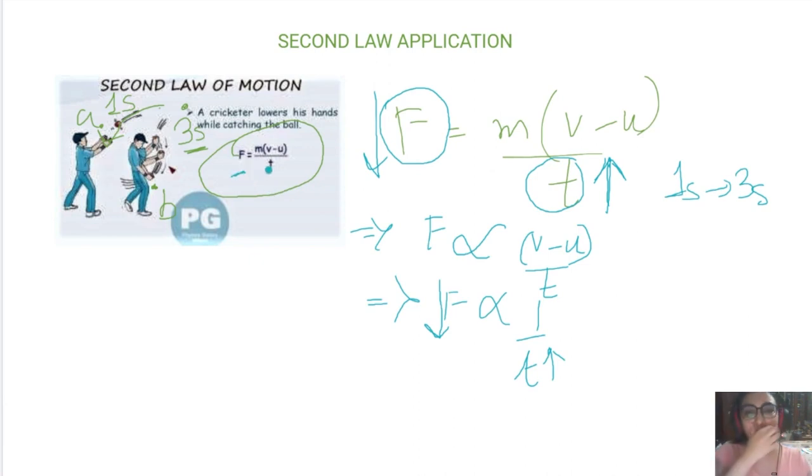Okay. So I can tell you guys another example. Whenever you fall on sand and you fall on cement, obviously you get hurt more on cement because of the same reason.